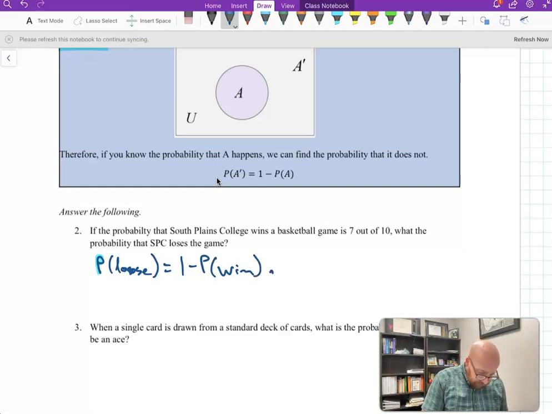So, in terms of assigning some numbers to this, 7 out of 10, that's 7/10.